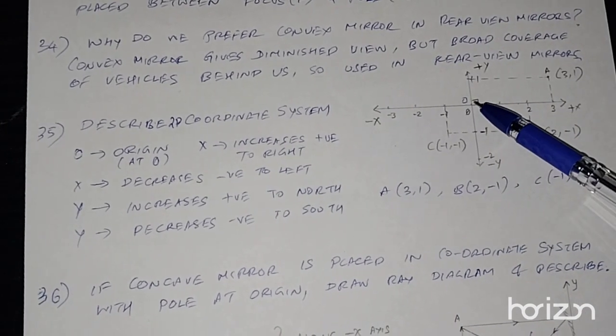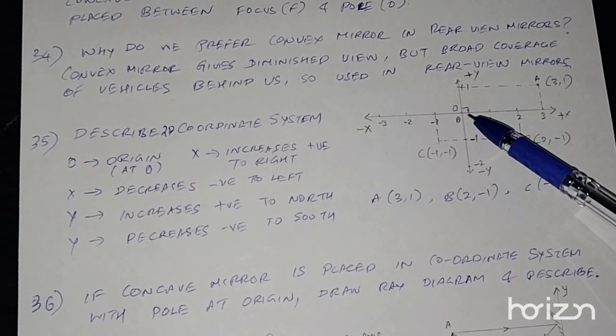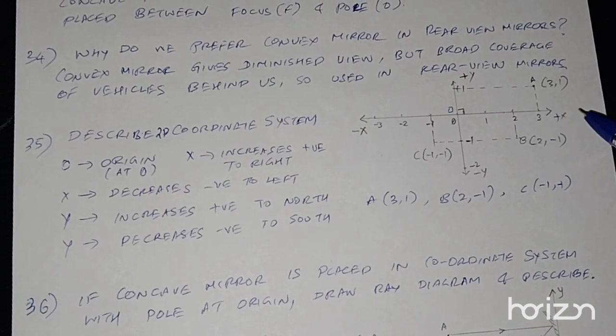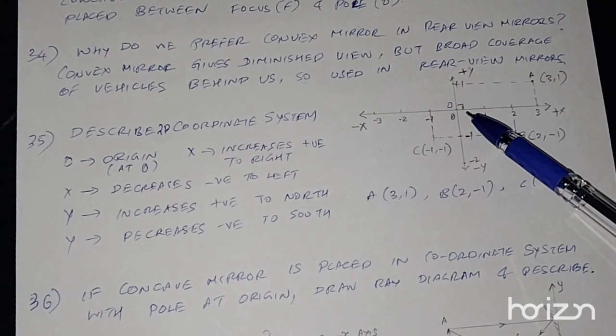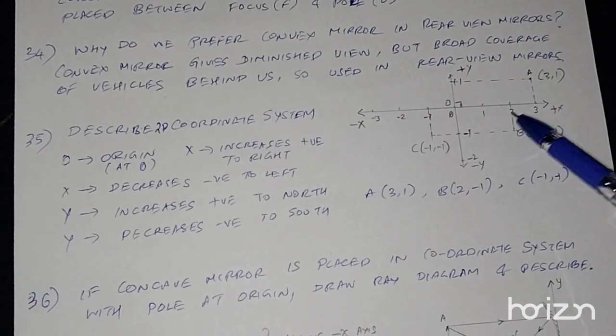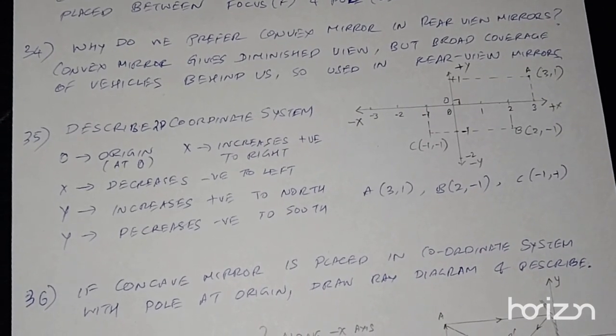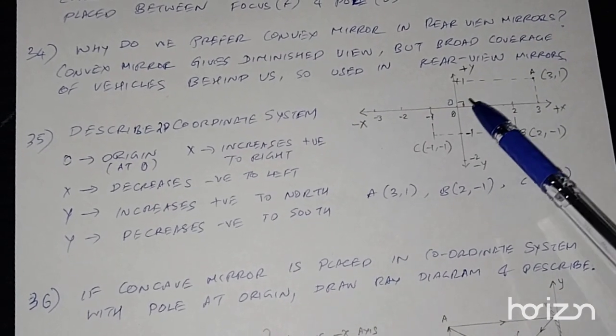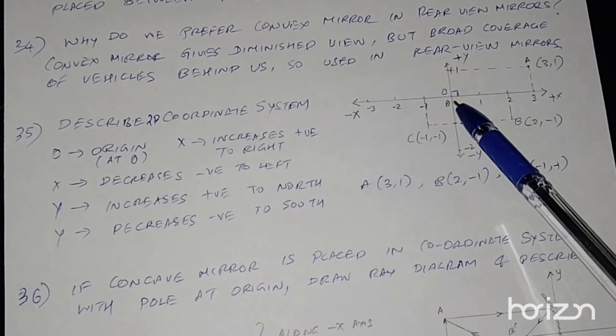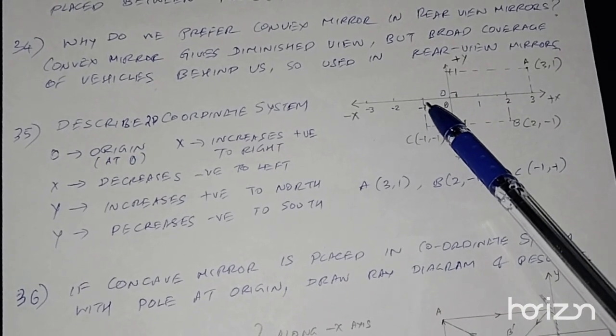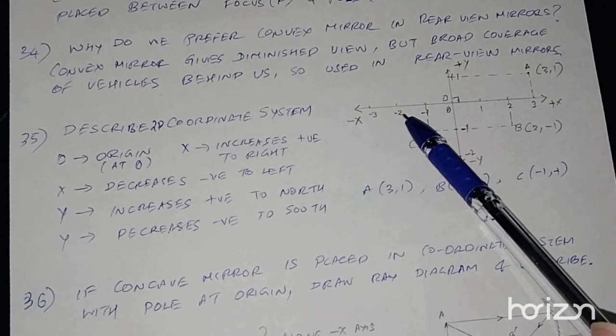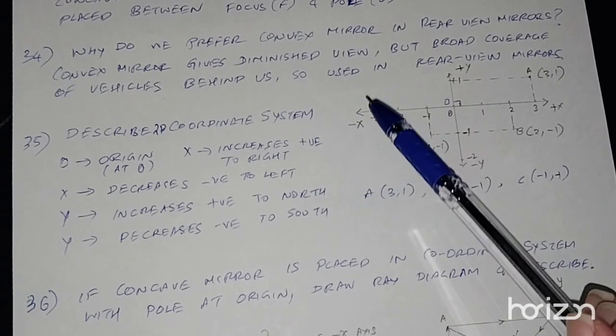O is the origin where it is 0, and as we proceed towards our right, X goes on increasing. From 0 to 1 to 2 to 3 and so on, it keeps on increasing. If you go towards the left, it keeps on decreasing. From 0 it goes to -1, if you take one step to the left, -2, then -3, and so on.